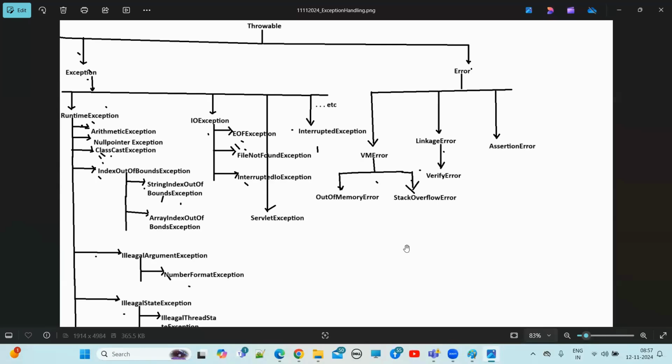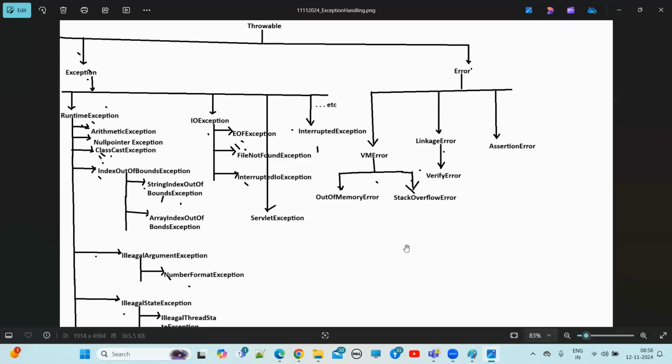For a checked exception, someone is checking, someone is intimating. Yes, there may be a chance, out of 10, maybe 5 to 6 times. But for an unchecked exception, out of 1 crore or 2 crore, maybe there is a chance of 1 or 2. So the chance of raising the exception at runtime is very, very less for an unchecked exception.